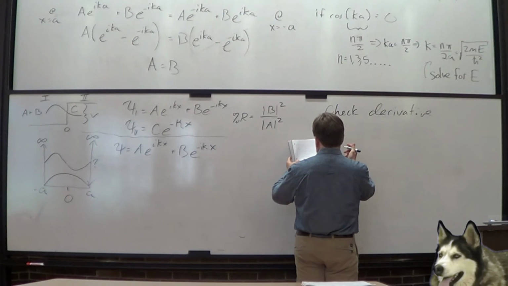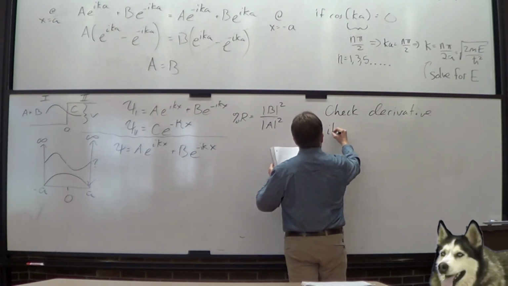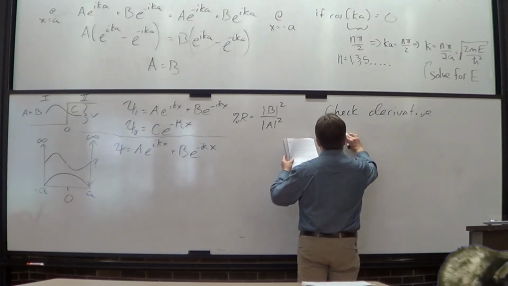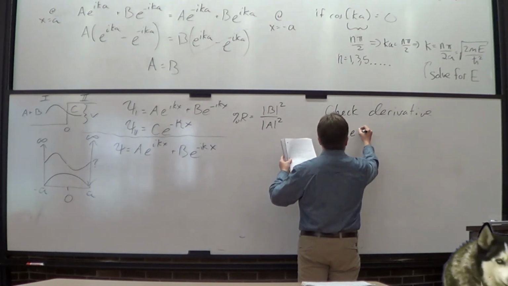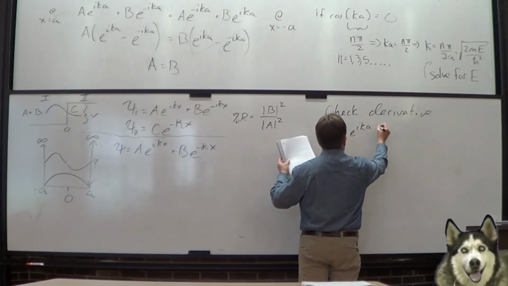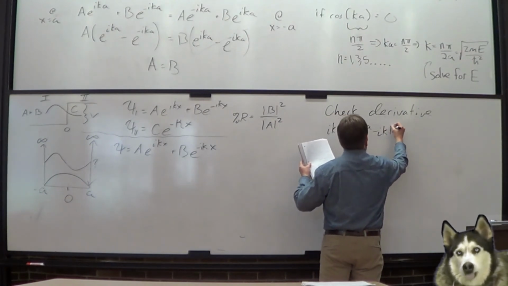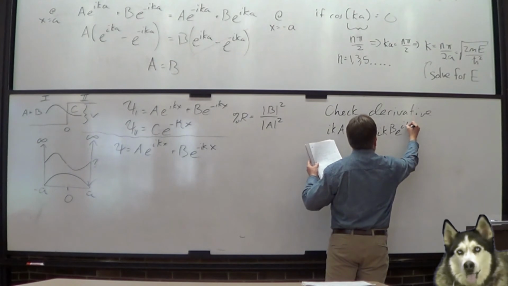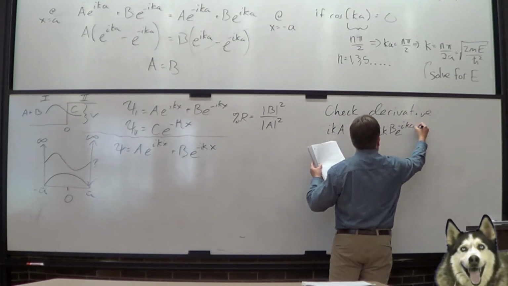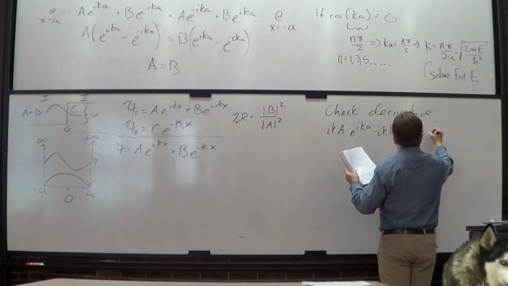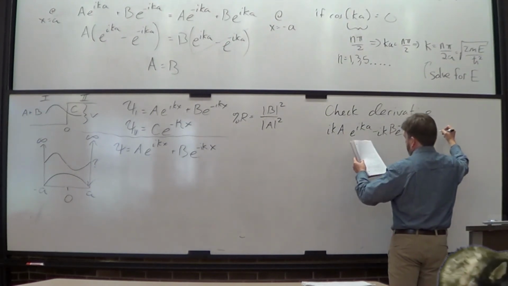So if I check the derivative, what I've got is iK, I'm going to do the same trick. Here's the derivative, e to the iKx, but I'm at point a, minus iK B e to the minus iKa, because I'm at point a. And I'm going to set this equal to the derivative at minus a.